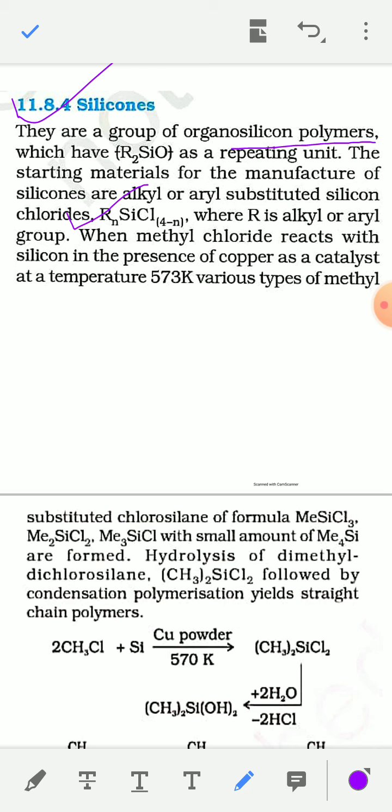When methyl chloride reacts with silicon in the presence of copper as catalyst at a temperature of 573 Kelvin, various types of methyl substituted chlorosilanes of formula MeSiCl3, Me2SiCl2, Me3SiCl with a small amount of Me4Si are formed.